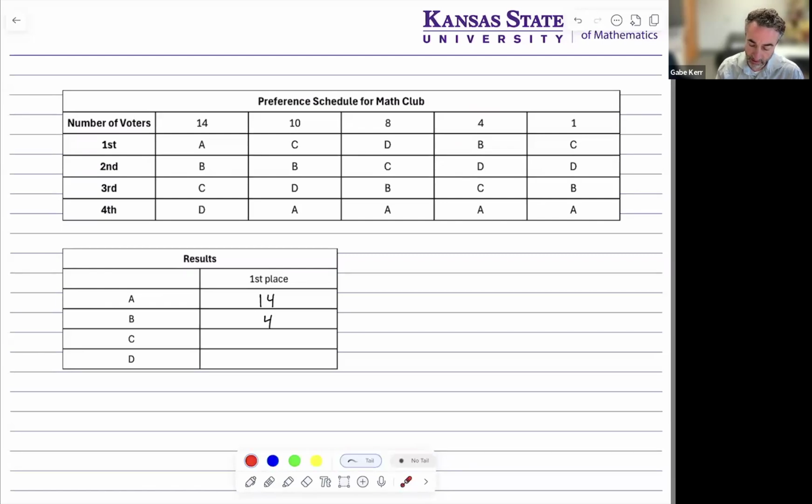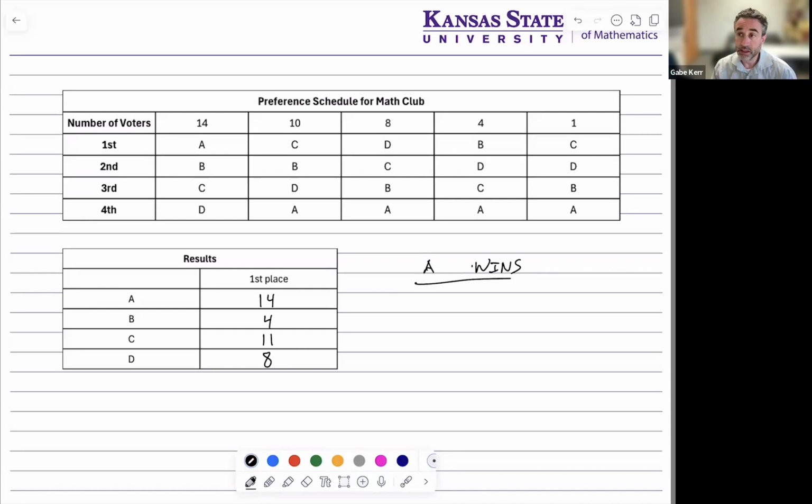C, on the other hand, is first place on 2 types of preference ballots, and it's here. So we get 10 plus 1, 11 votes for C. And then D, only one type of preference ballot, and there are 8 votes there. Great. And so we have a clear winner according to the plurality method: A has the most first place votes, so A wins this election based on plurality.